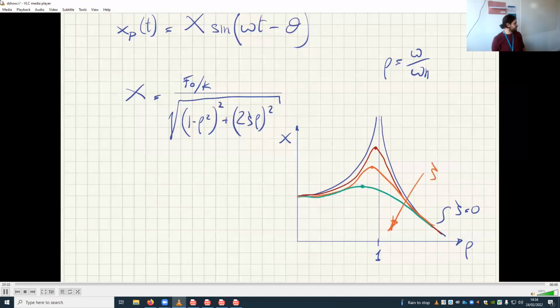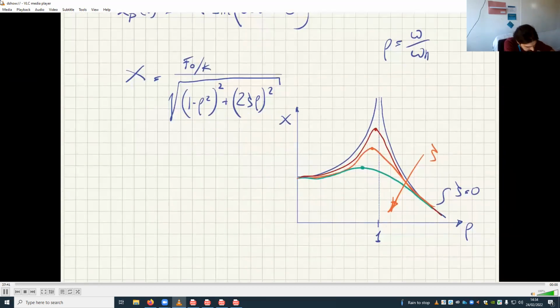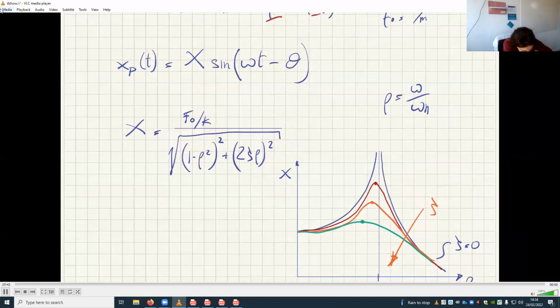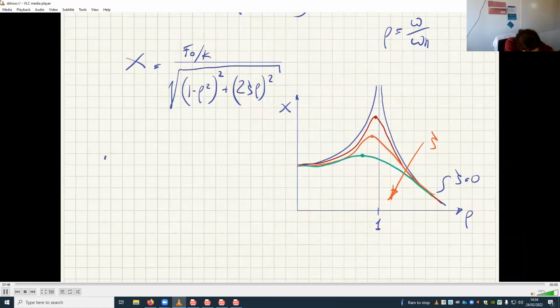Now, this is very exaggerated. They don't shift a lot, but they shift in a way that you can't ignore. So this is what defines the resonant frequencies. So omega r is omega n times the square root of 1 minus 2 zeta squared.